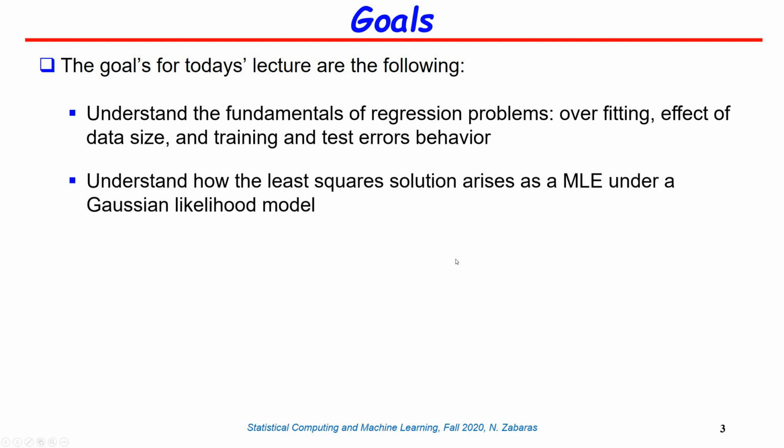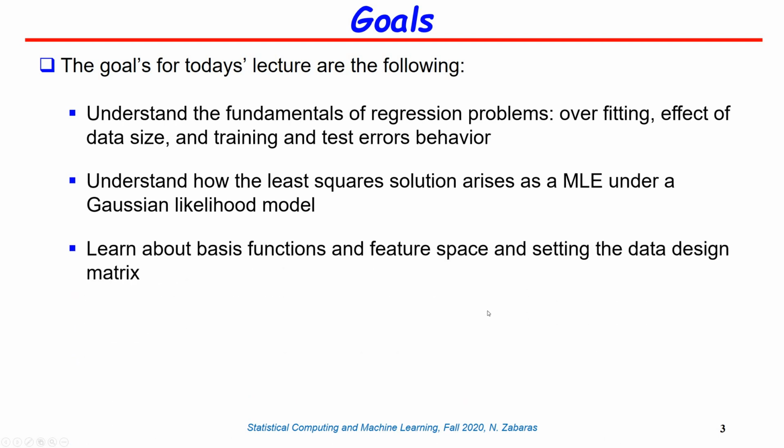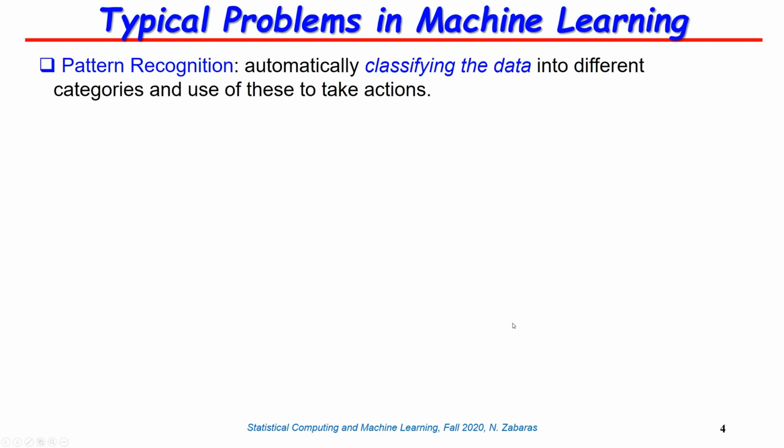We will focus primarily on least squares type of problems, and we will see again that MLE estimates under a Gaussian likelihood are identical to the least squares solutions. We will learn about the design matrix, that's the matrix that we organize our training data set in. We will learn about basis functions and feature space. This will be a useful pre-processing step for regression models.